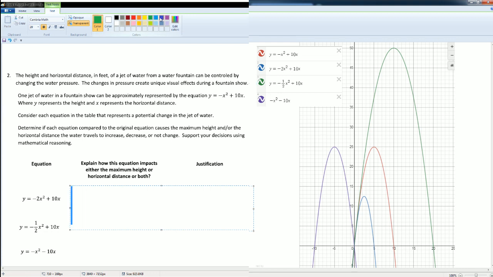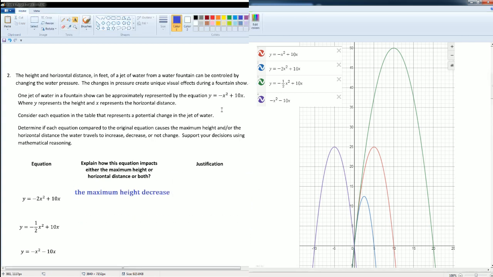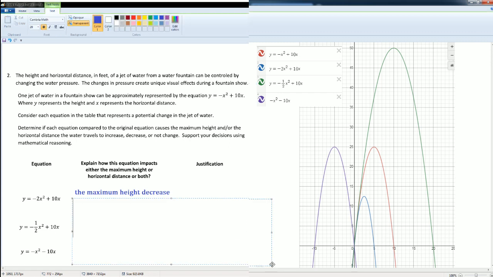So I'm going to make that blue. I could say the maximum height decreased, and the justification just looking at the equation, the maximum height decreased, and also the horizontal distance decreased.